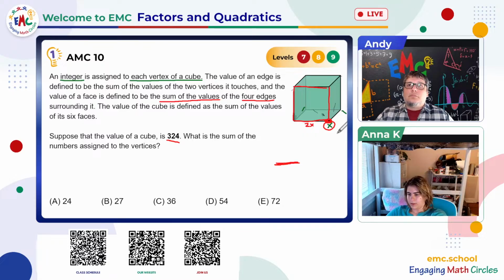If we have x, 6x's. 2 for this edge, 2 for this edge, and 2 for this edge. Oh, wait, no, right? 3. That's assuming this one would be the same. So there's 3 edges, but each of those edges will have 2 numbers in it.